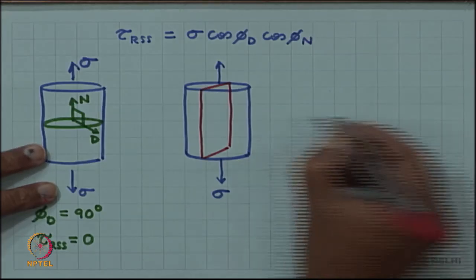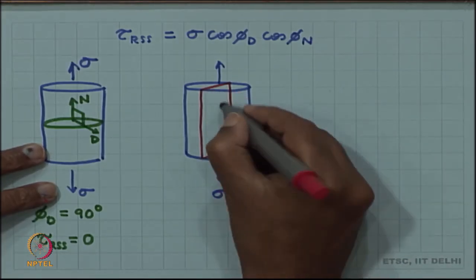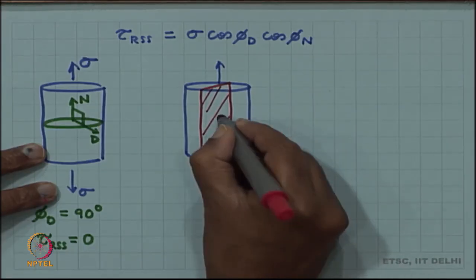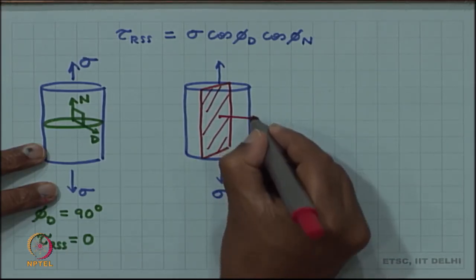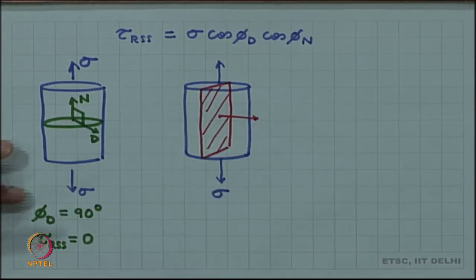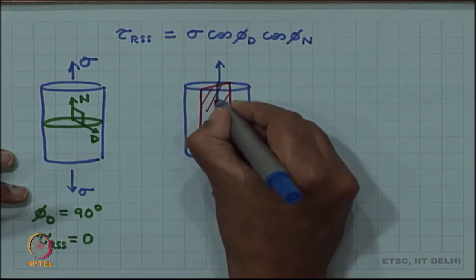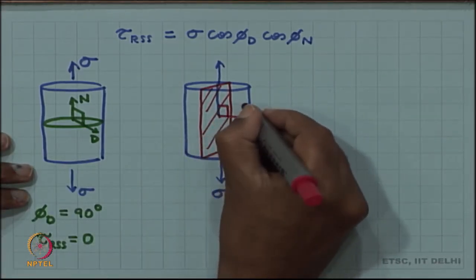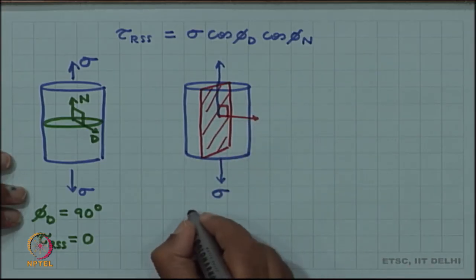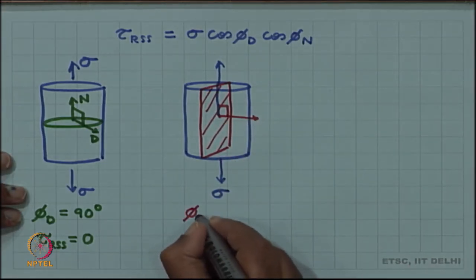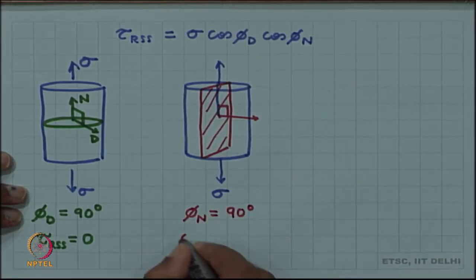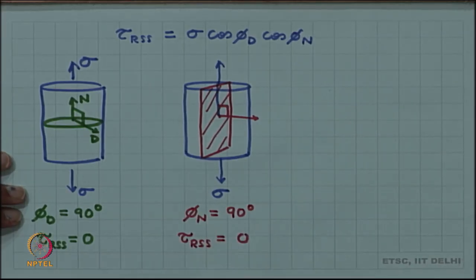If I take a plane like this, you can see that the plane normal will make an angle of 90 degrees with the stress axis. So, now phi n, irrespective of phi d, will be 90 degrees and tau RSS will again be 0.